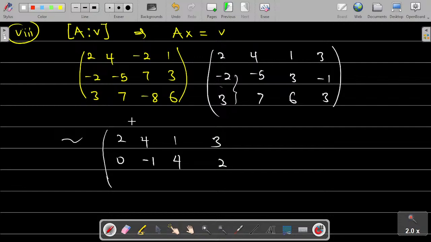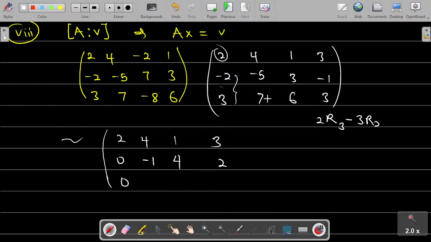And in this case, our new R3 is going to be R3 times 2 minus 3 times R1. Remember, we are using R1 to eliminate. So 2 times this is 6 minus 3 times this, which is also 6. That will give us 0.